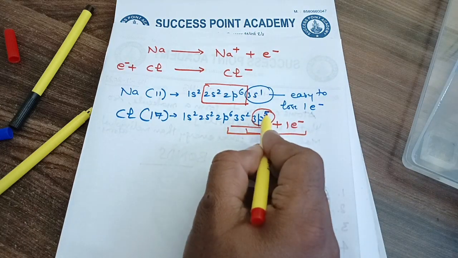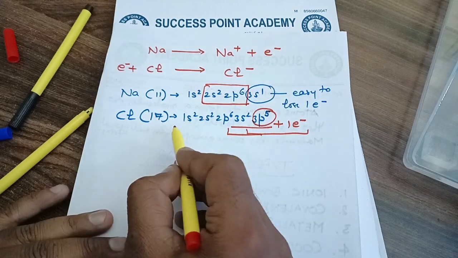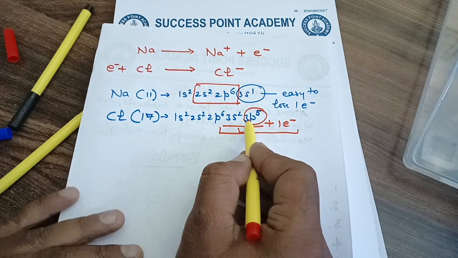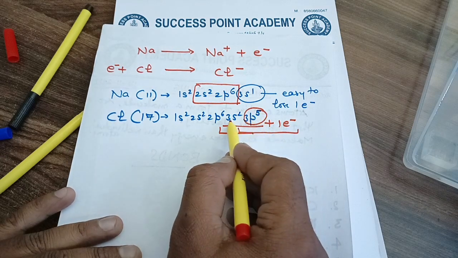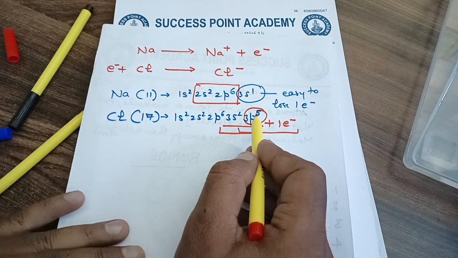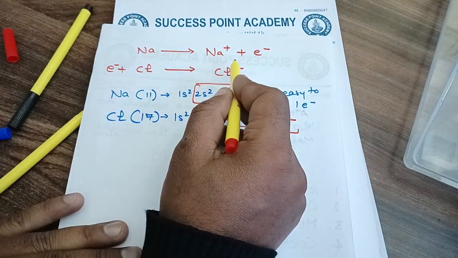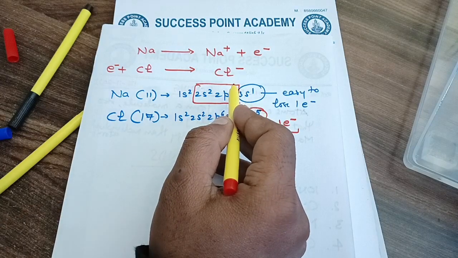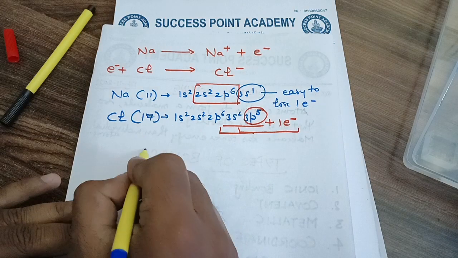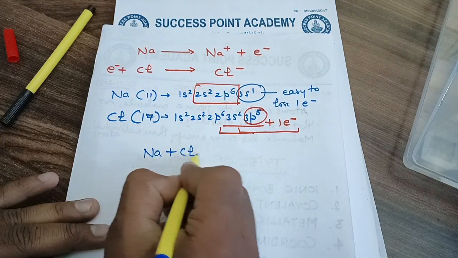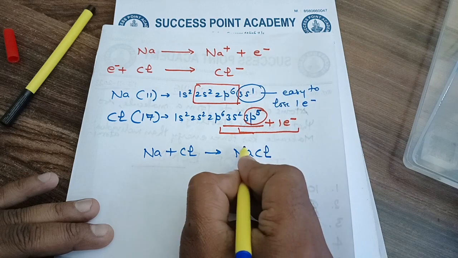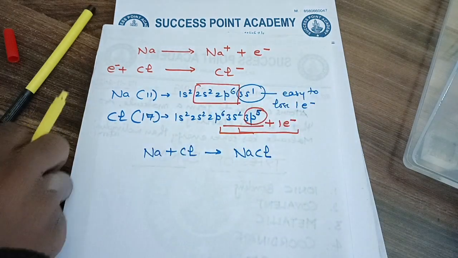So chlorine will receive an electron and its octet will be complete. So sodium becomes sodium ion, chlorine becomes chloride ion, and when sodium reacts with chlorine, NaCl is formed. In NaCl it is Cl negative, it is Na positive, and the compound as a whole is neutral.